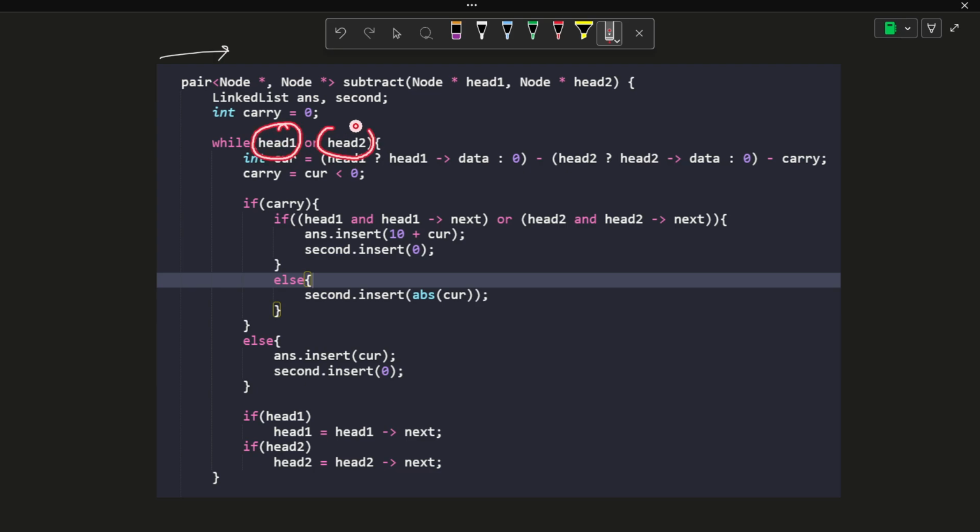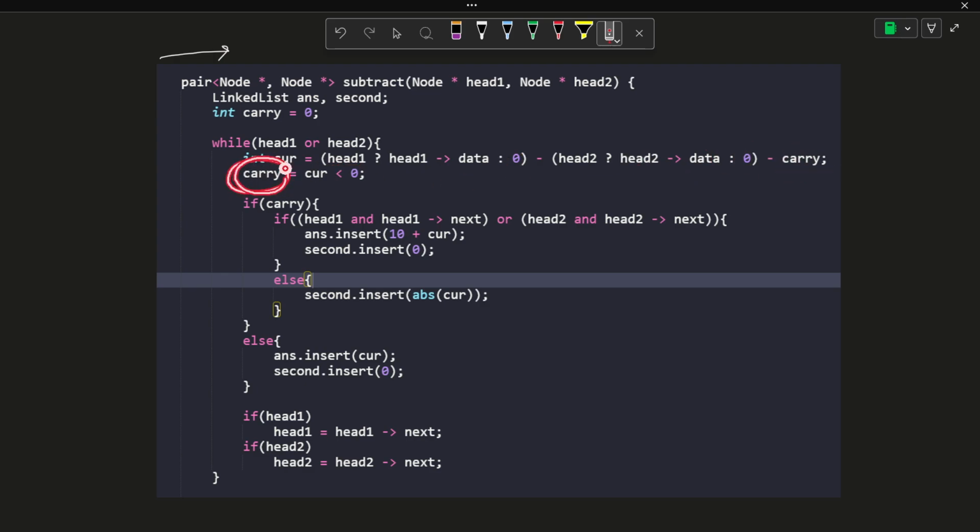This while loop will get entered even if only one of them is not null pointer. So that basically means it is very well possible that one of them is null and the other one is not null pointer, an actual node. So I have to carefully check whether this particular head is null or not. If it is not null, I am going to use its data, otherwise I am going to use 0. If head 2 is not null, I am going to use its data, otherwise I am going to use 0, and then subtract carry from it.